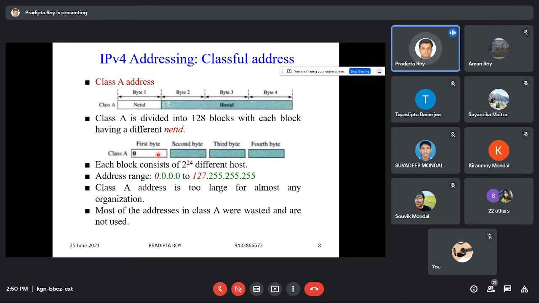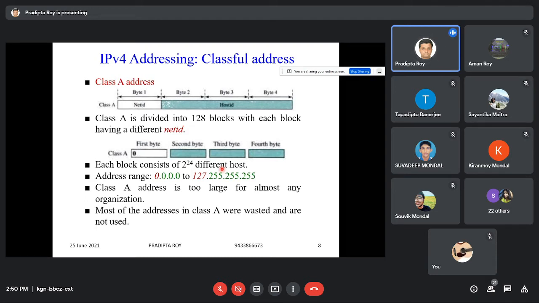Okay, and in each of those 128 different networks we can have 2 to the power 24 different hosts. So can you imagine the number of hosts that can be accommodated per network? It is huge, 2 to the power 24.